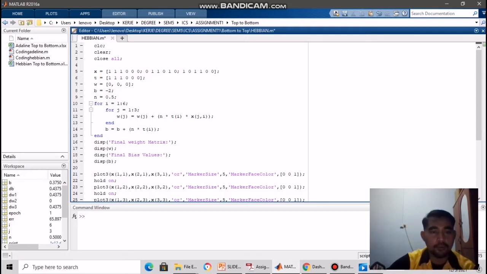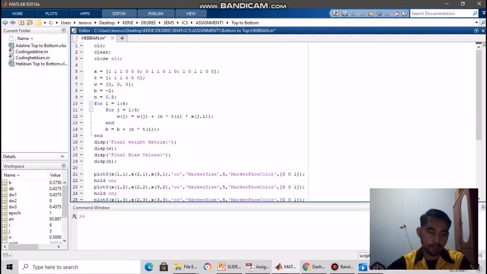And this is our weight, and the weight is just the same as the previous one, 0.000, and also for the bias part and the learning rate 0.5. As we can see, we just use the same formula for weight on Hebbian mode, whether it is from bottom to top or top to bottom.